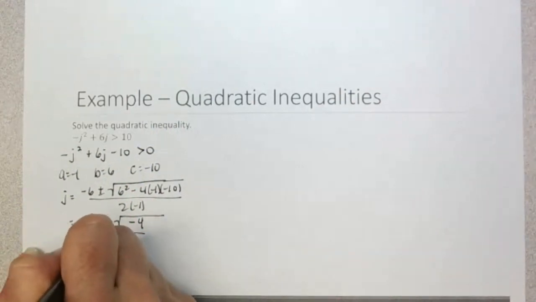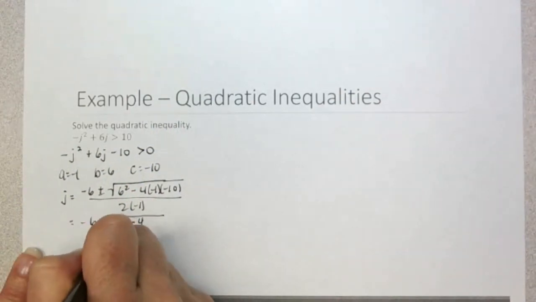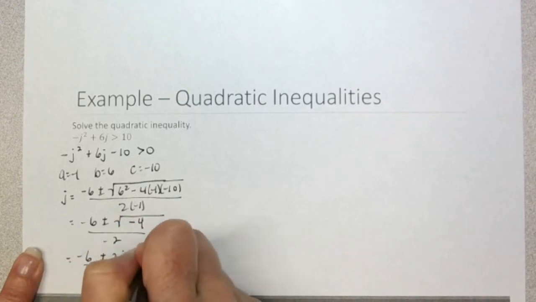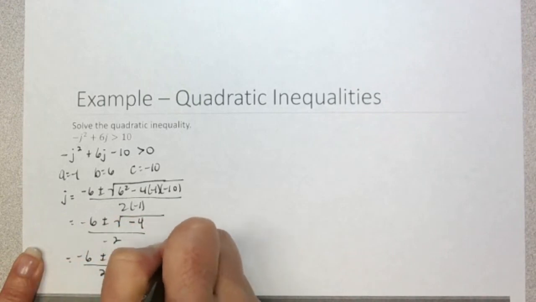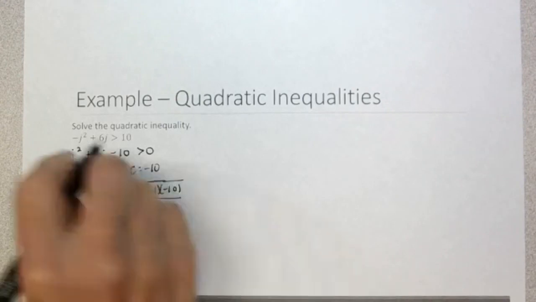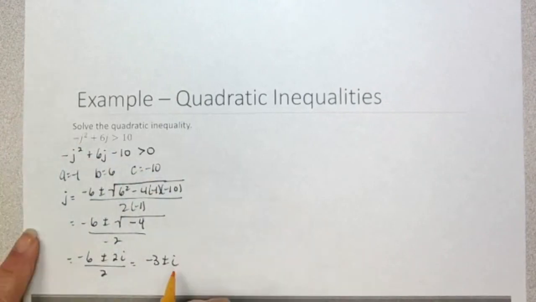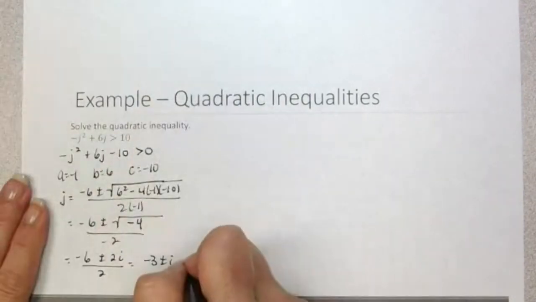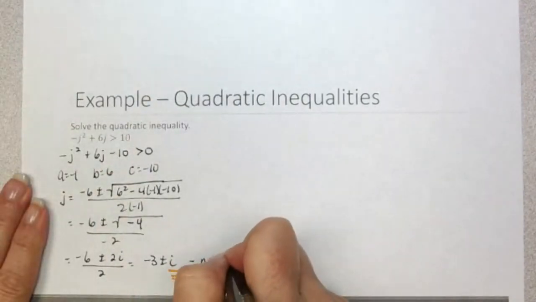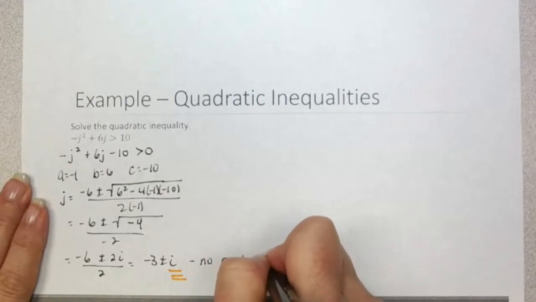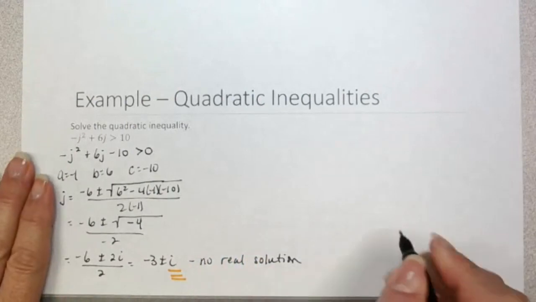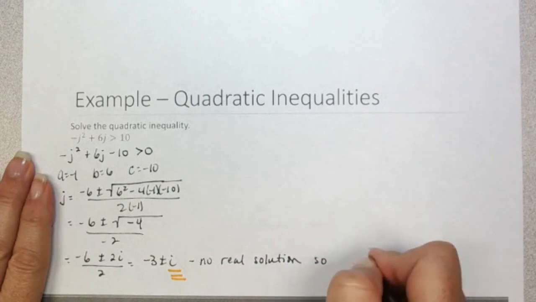Now simplify more to -6 plus or minus 2i over 2, or -3 plus or minus i. Okay? So we have no real solution here. There's an i, right? No real solution.